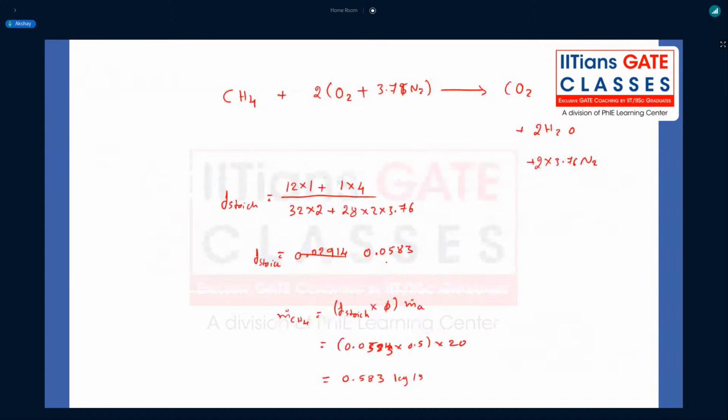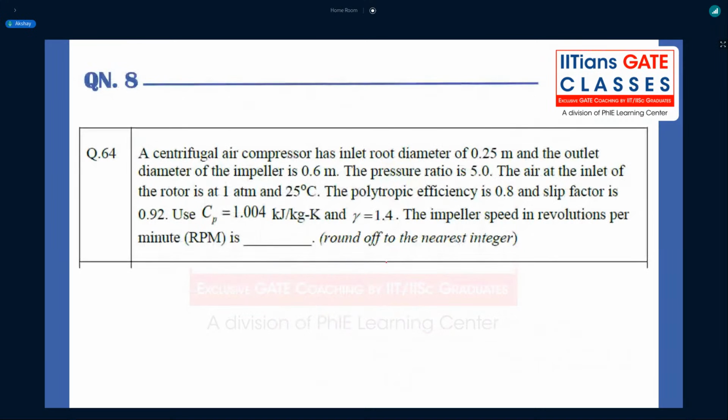Okay, let us move on to the next question. That's again the 2-mark question. Question number 64 from the paper. A centrifugal air compressor has inlet root diameter of 0.25 meter and the outlet diameter of the impeller is 0.6 meter. The pressure ratio is 5.